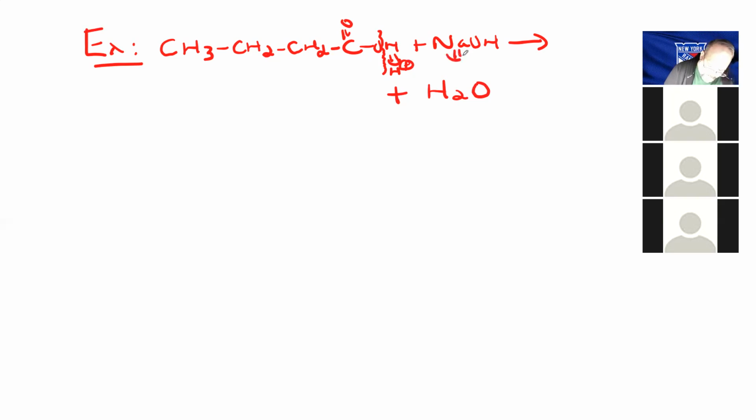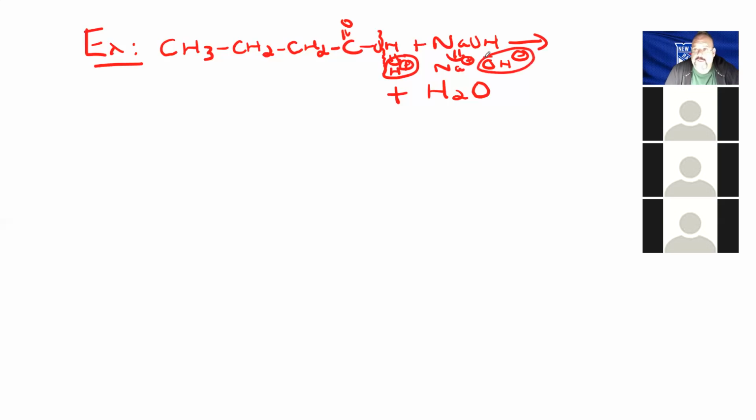So we're not going to think about the NaOH as NaOH. We're going to think about it as Na+ and OH-. Now you can see where the water comes from. The water comes from the combination of H+ and OH-. That leads us to our water.